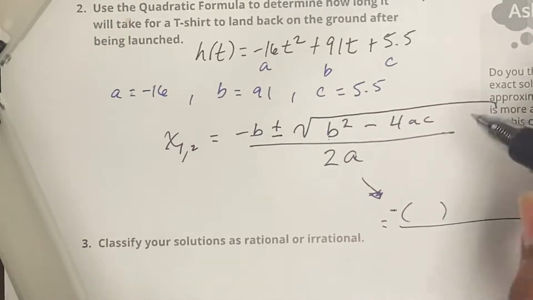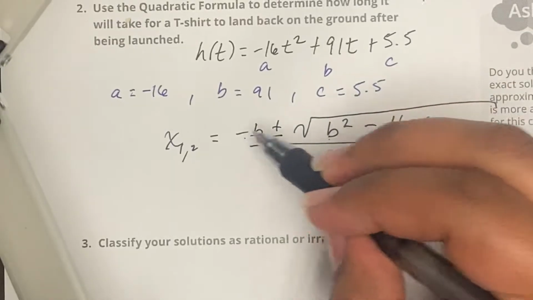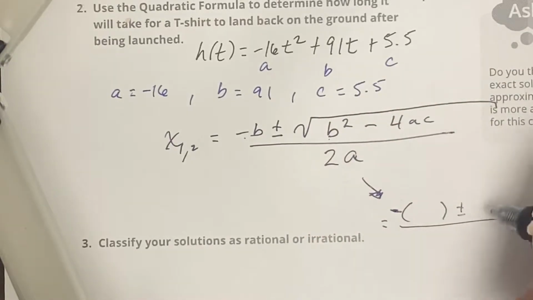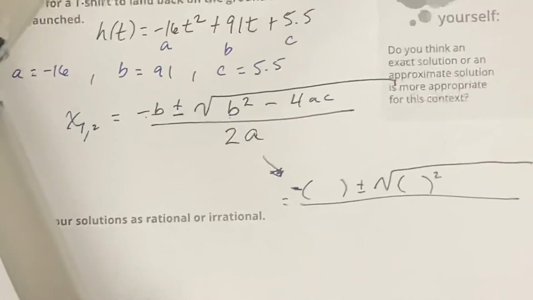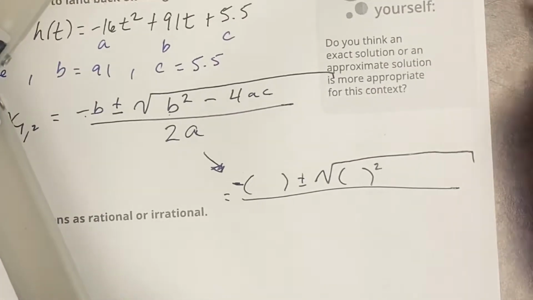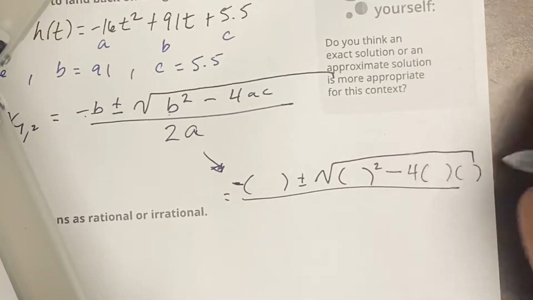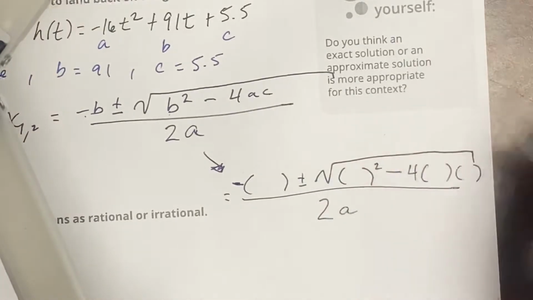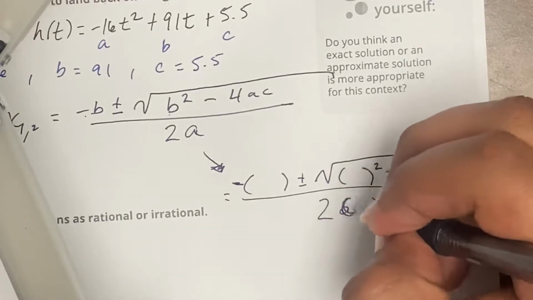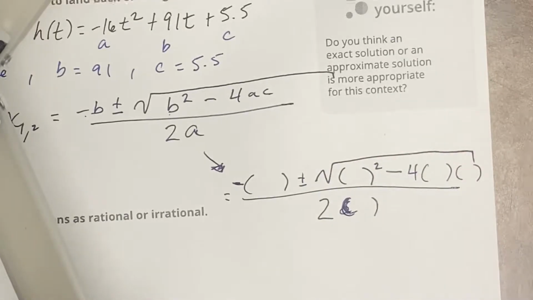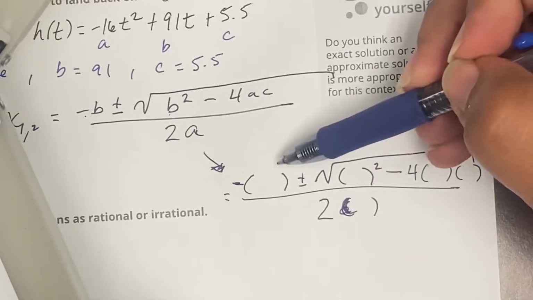Negative parentheses, because of the negative right there, plus or minus the square root of, parentheses to the power 2, minus 4, parentheses, 2, parentheses. Replace the variables with parentheses so I can put some numbers in the parentheses. And then we just go in order.